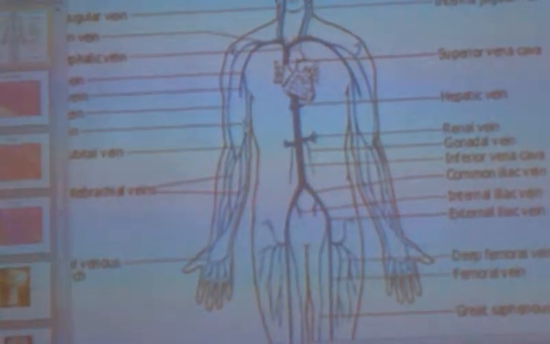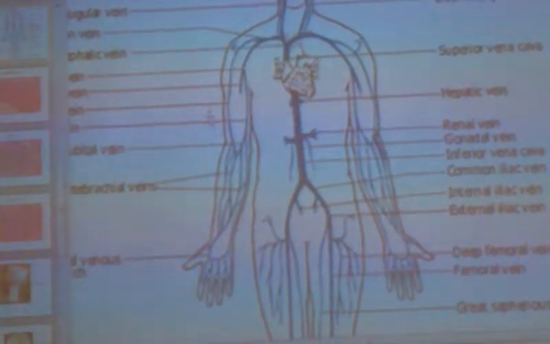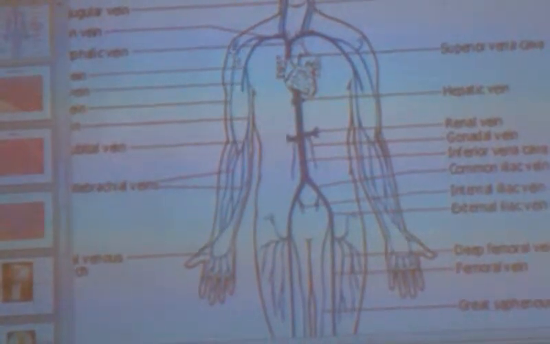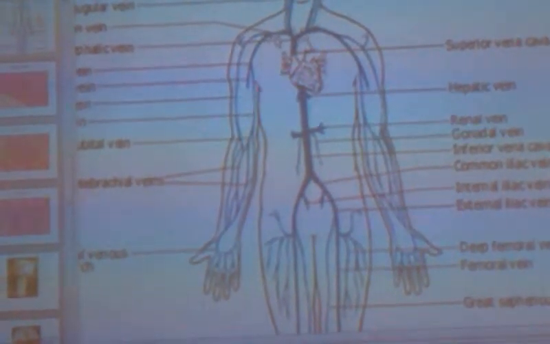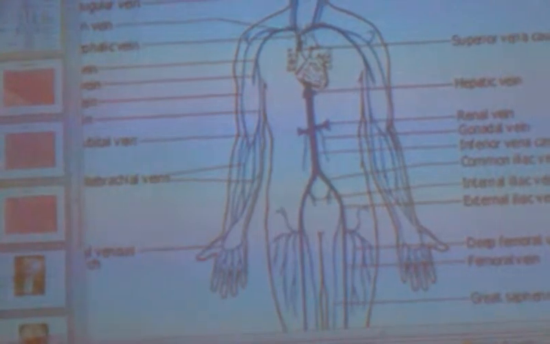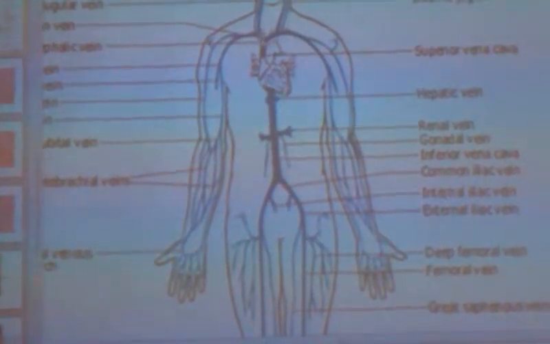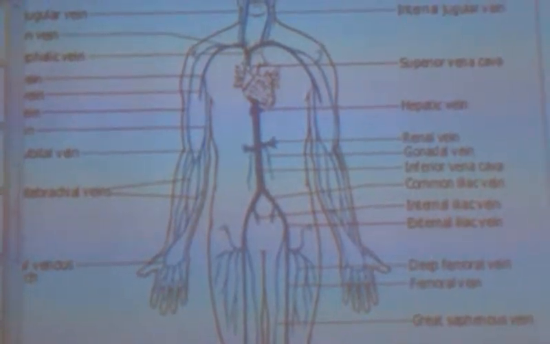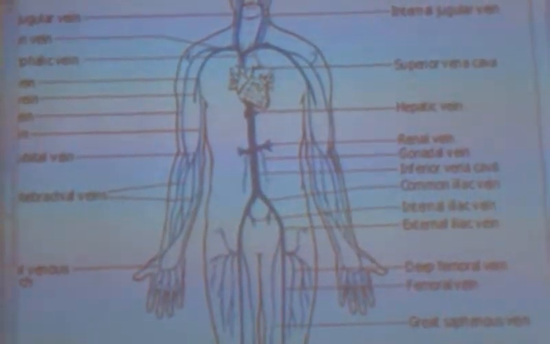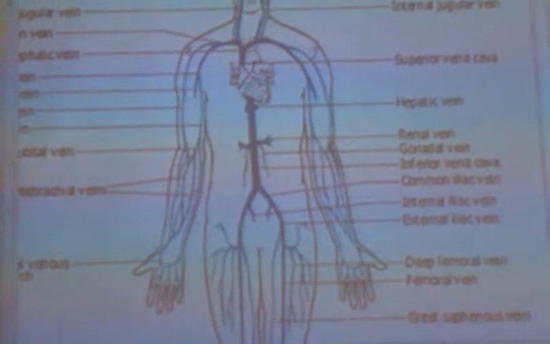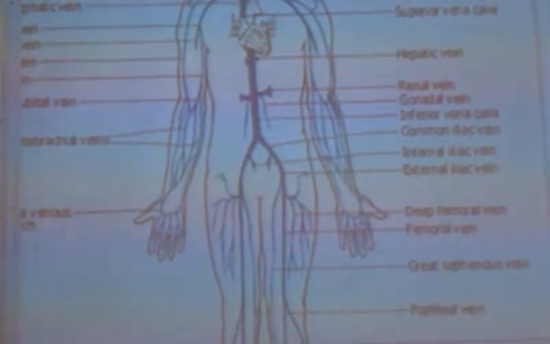Here we have our right basilic vein and our right cephalic vein going up to the axillary vein, to the subclavian, to the right brachiocephalic vein, to the superior vena cava. Okay? Right? Remember, rights and lefts are going to be important in this practical.